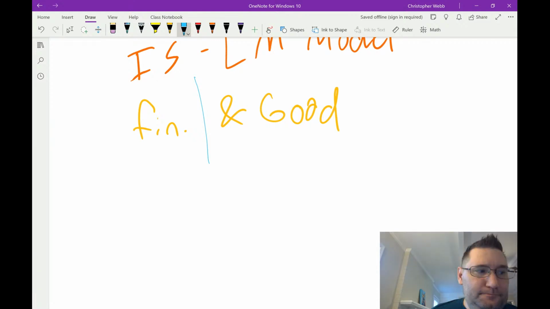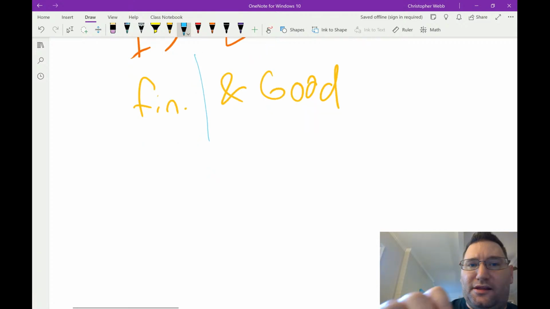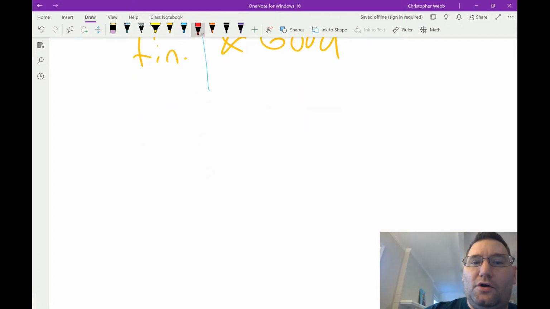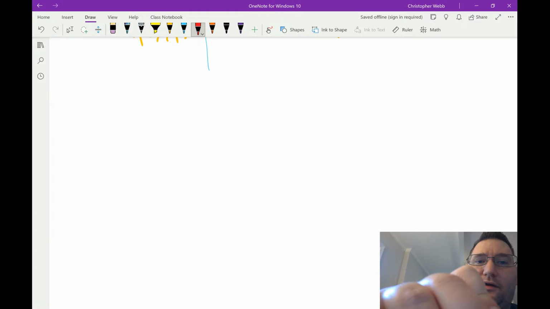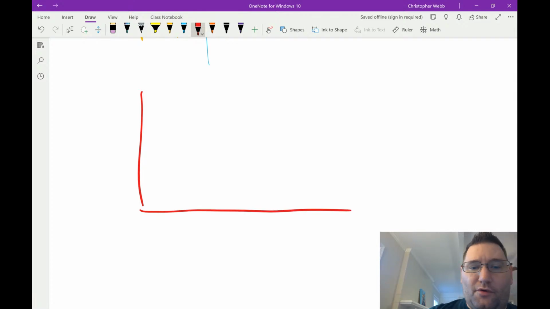So what we're going to do is create the aggregate expenditure model first, and we're going to look at the rate change. So the aggregate expenditure model is very similar. It's a graph, and I'm going to do it with the red right here.